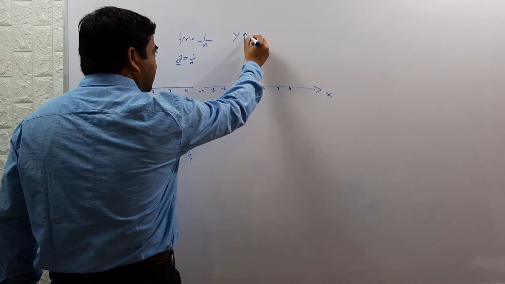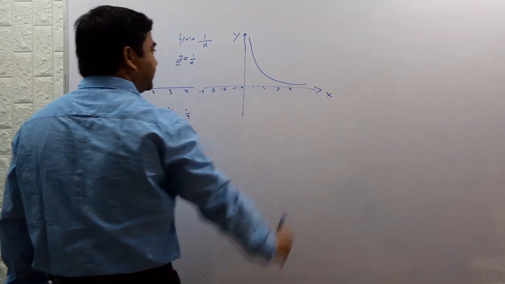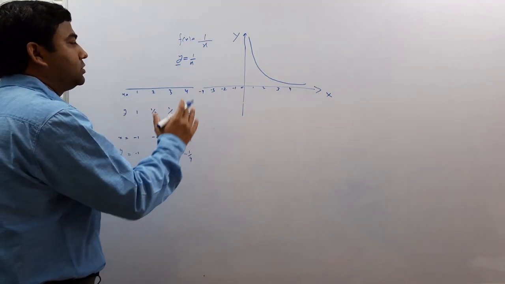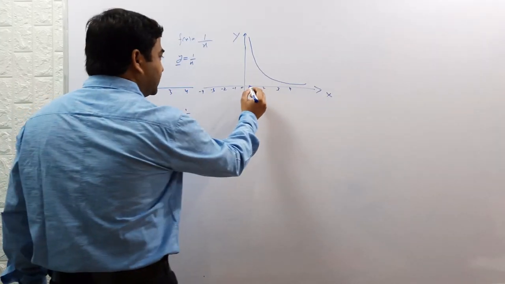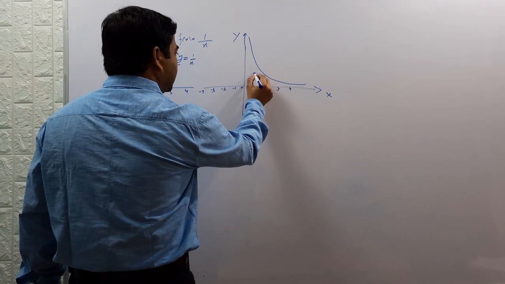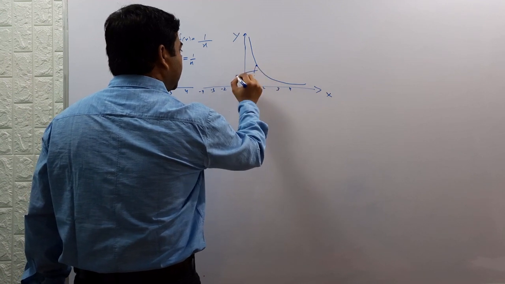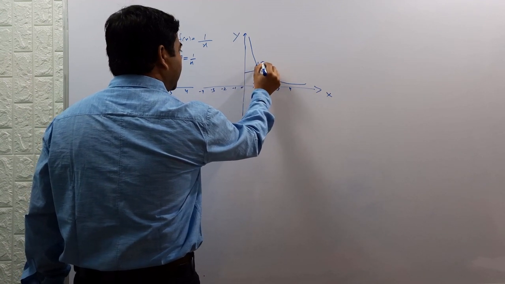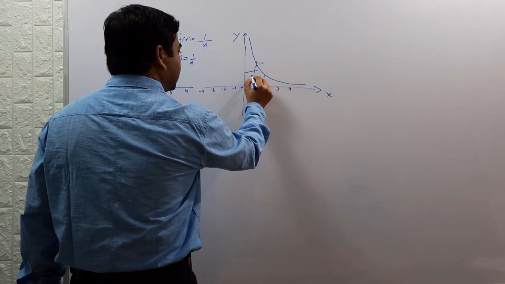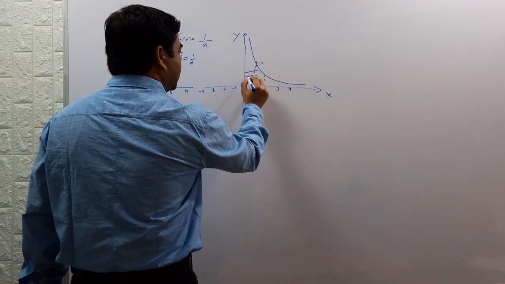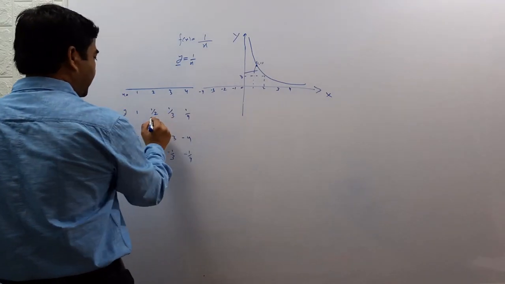So it will be the probable approximate shape of the function in the first quadrant. See, let this be 1. This is the point (1, 1). This is the 2. So this is the point where the value of y is half.